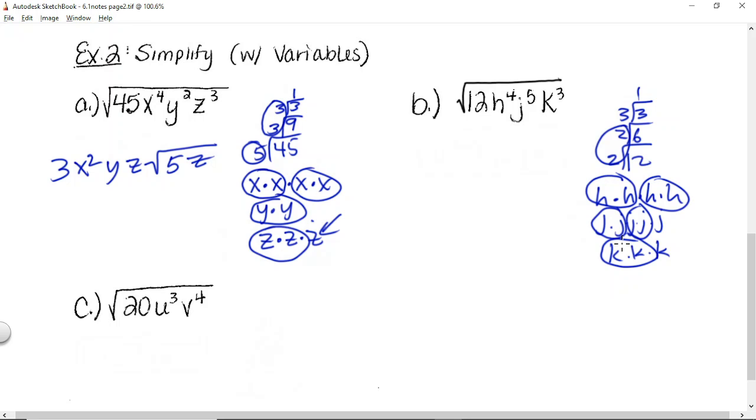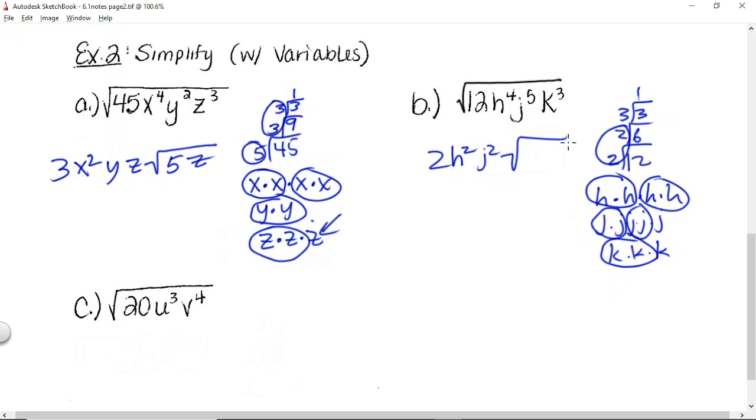So one from each goes outside the radicals, so that's a single 2, one from that. And then we have h, we have 2 of those, right? Because we have 2 groups of h's. Okay, so that's h squared. And j, we also have 2 groups of j's, so that's j squared.